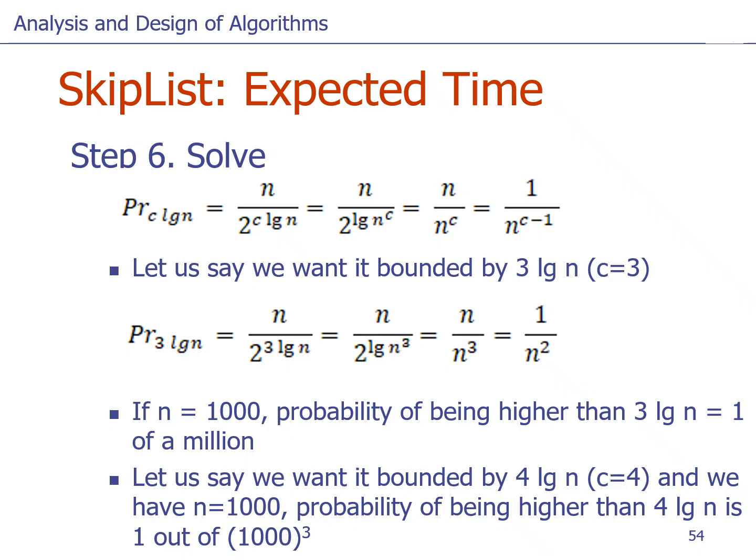If I have a linked list of 1000 nodes, the probability of having at least one element that is higher than 3 log n is going to be 1 over a million.